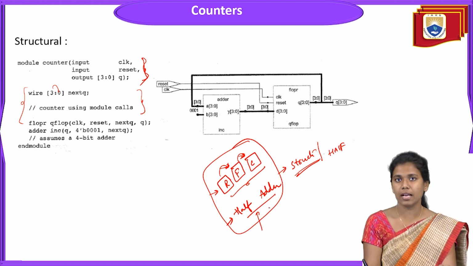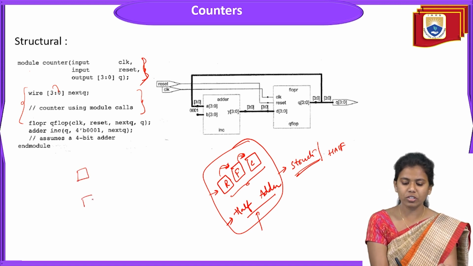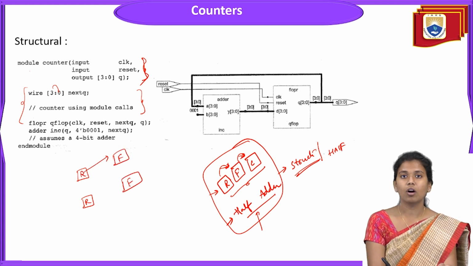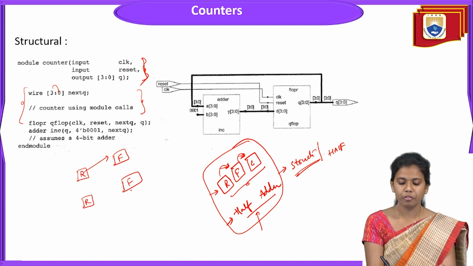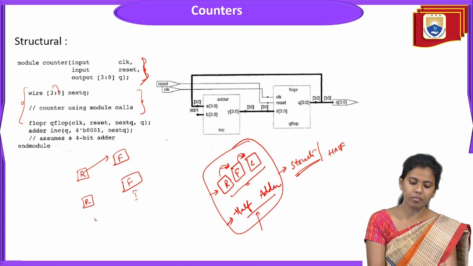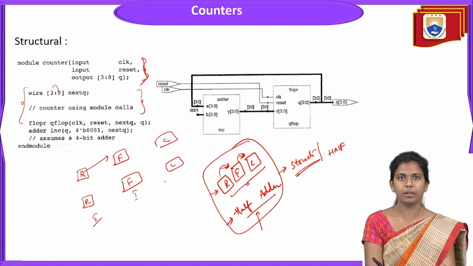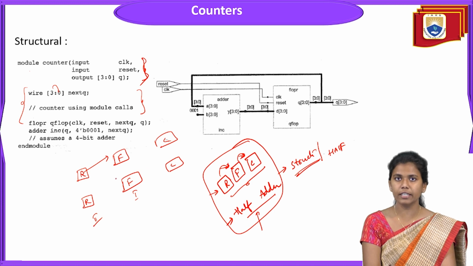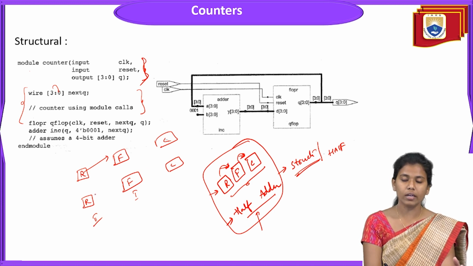As I took the half adder example, the first thing I have to do is connect the registers. Before connecting, I must design the flip-flops. First flip-flops, then registers, and then the clocks. To connect these internal devices, these internal modules, what do I need?